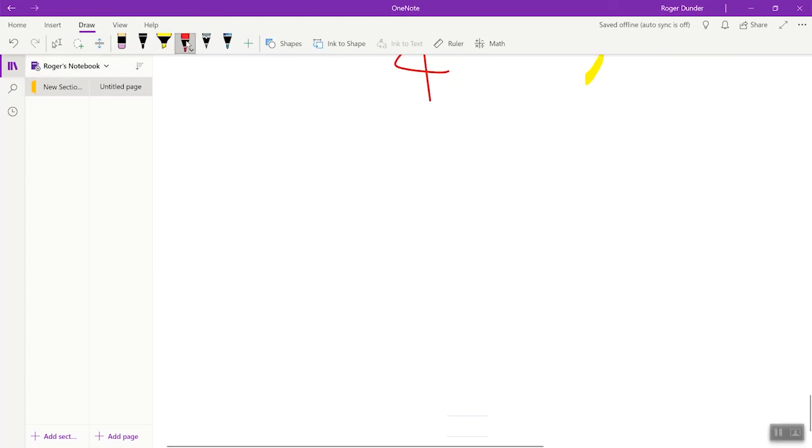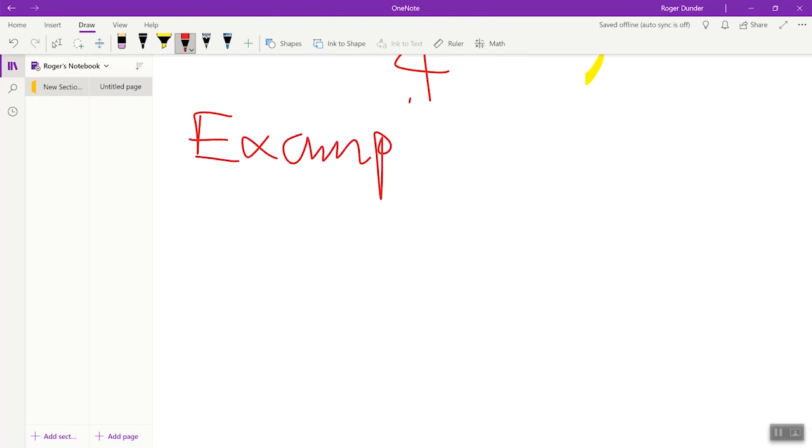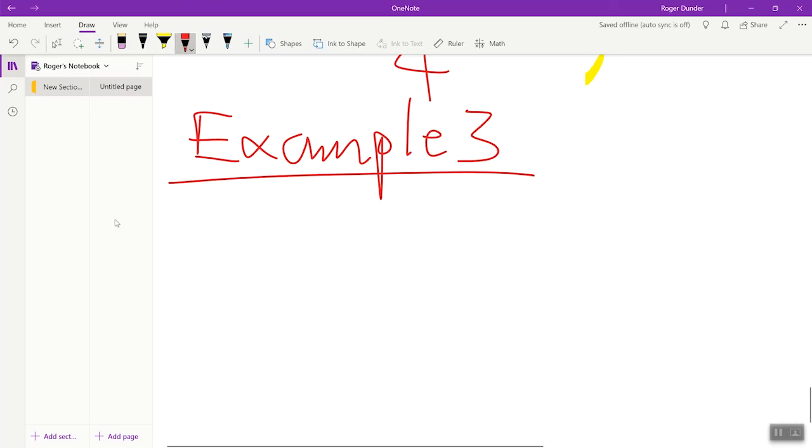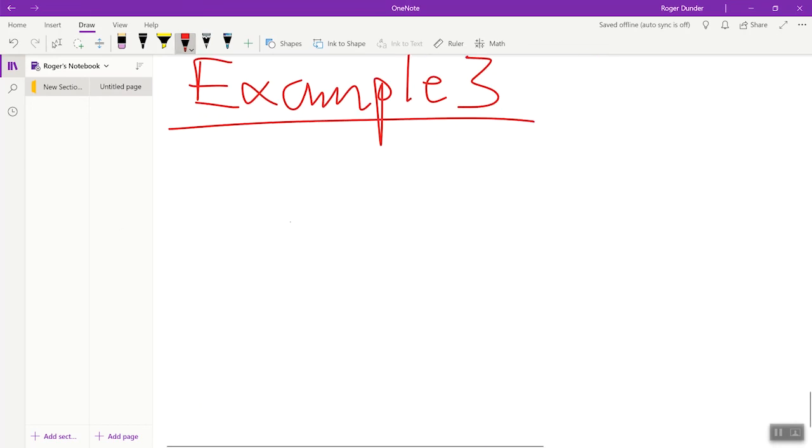Okay, example number 3. This also works equally well for fractions. So here we go. 2x squared is equal to 5 halves x plus 3 halves.